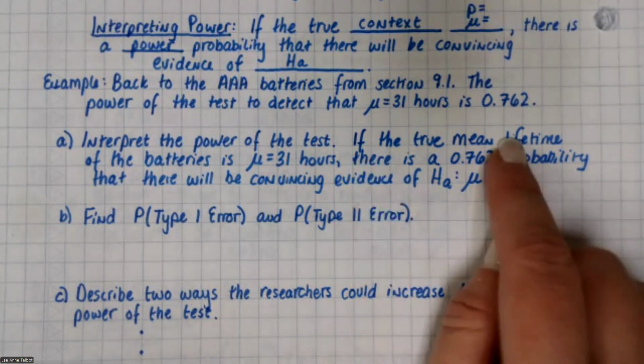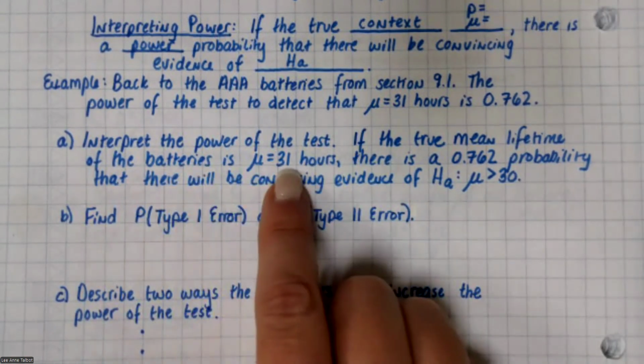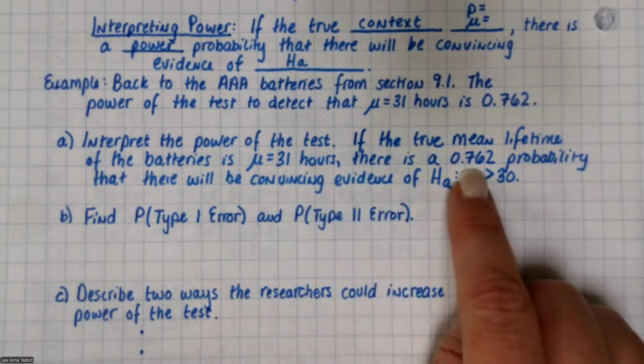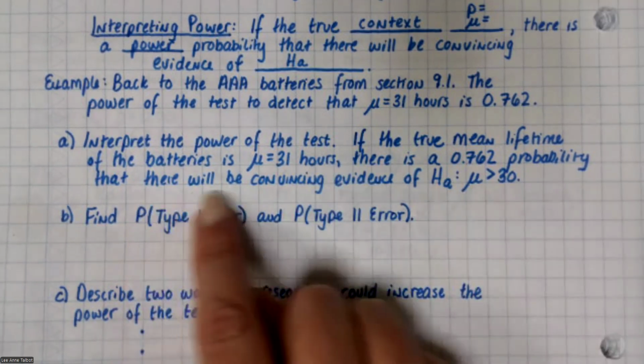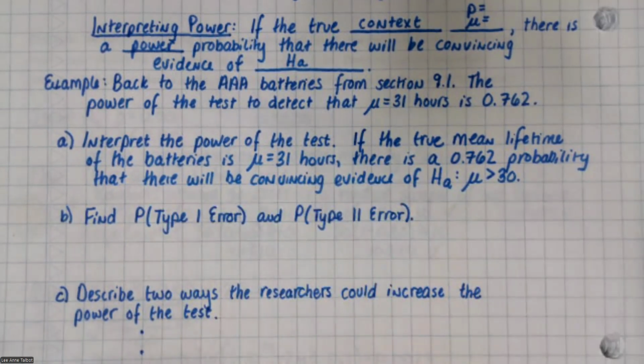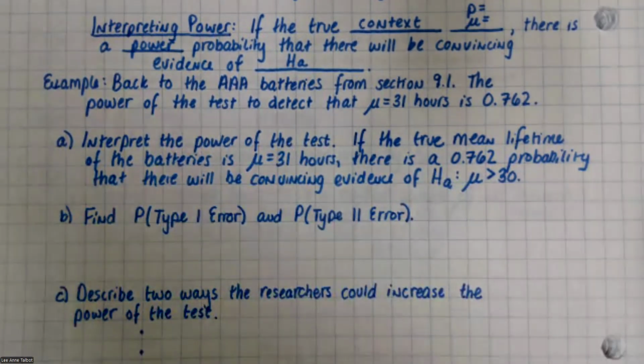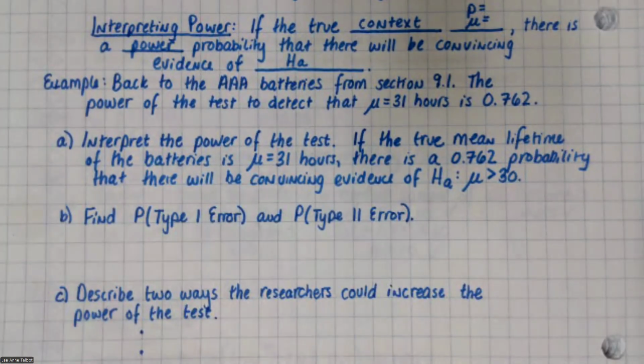If all of the batteries for real have a lifetime of 31 hours, then you have a 76.2% chance that you're going to get a sample that's going to allow you to reject the H0, basically correctly. So you have a 76.2% chance of getting a sample that's going to give you the right answer, is what this is saying.